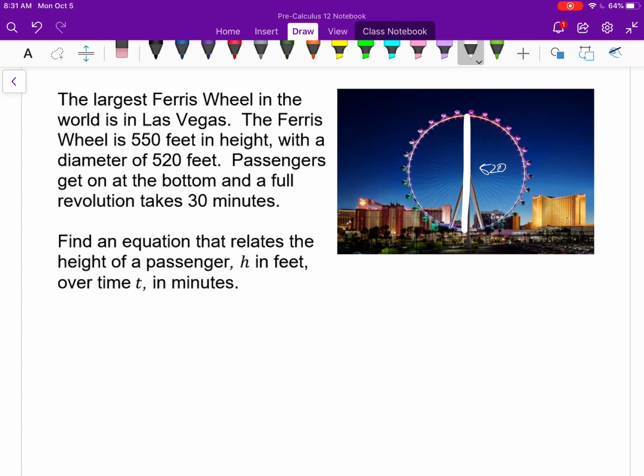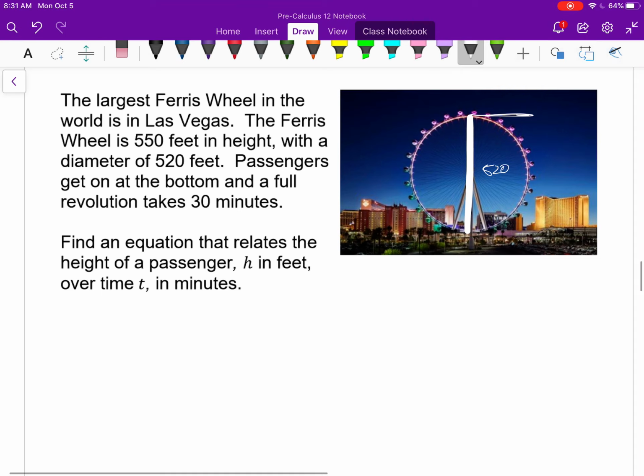But the total height from here to the ground is 550 feet. Which means it's suspended above the ground, because the actual Ferris wheel is 520 feet in diameter. Passengers get on at the bottom, and it takes 30 minutes to go around. Find an equation that relates height to time.